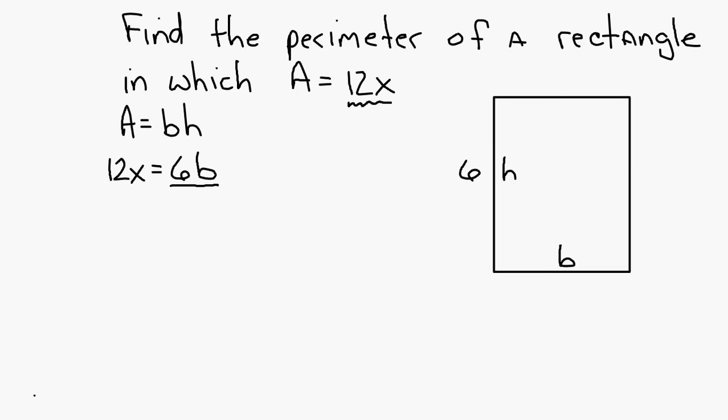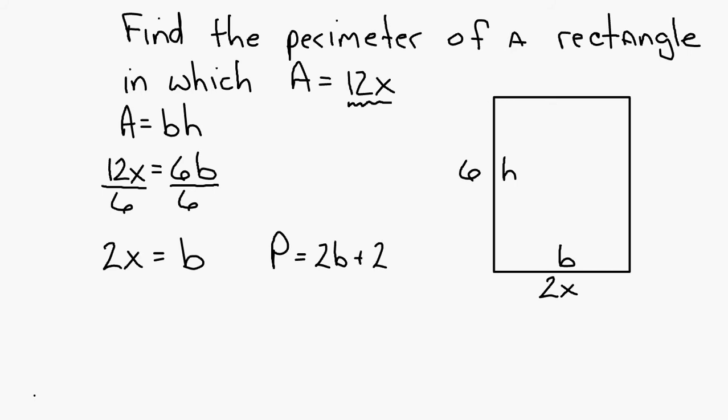And if you divide both sides by 6, then 12x divided by 6 is 2x equals the base. So if this base down here of this rectangle is equal to 2x, and the perimeter of a rectangle is equal to 2 of the bases plus 2 of the heights, or you'll see it 2 length plus 2 width, you can substitute.